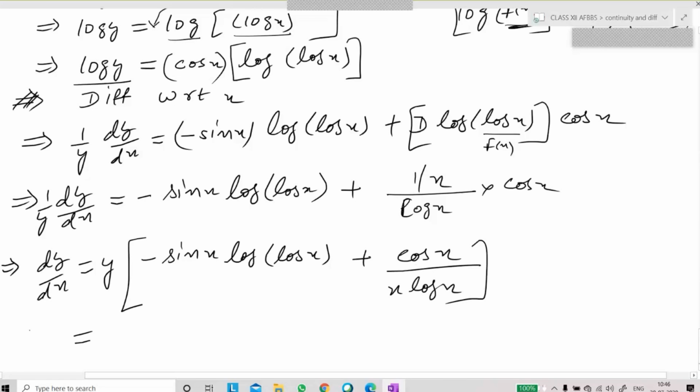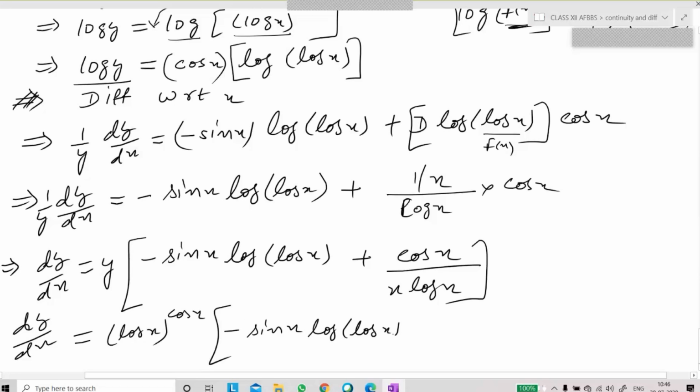In the last step, substitute the value of y, and the value of y is log x raised to the power cos x, and copy down everything in the bracket, minus sin x log of log x plus cos x upon x log x, and this is your answer.